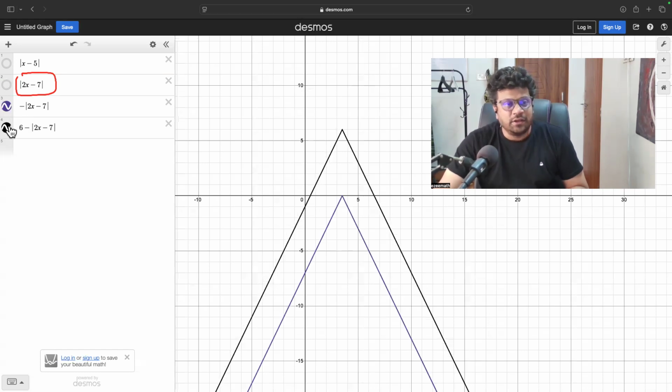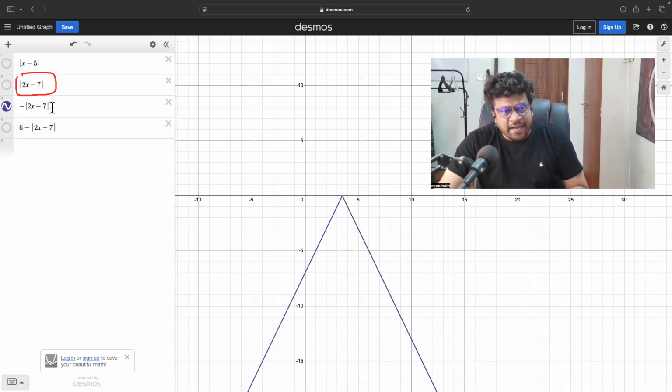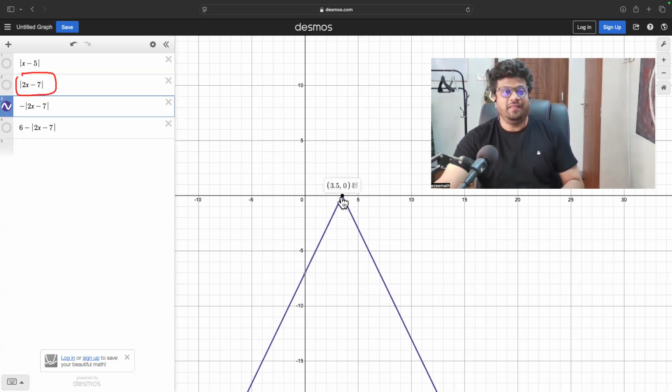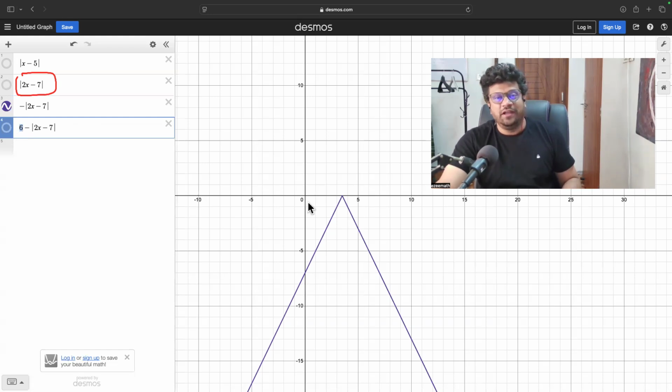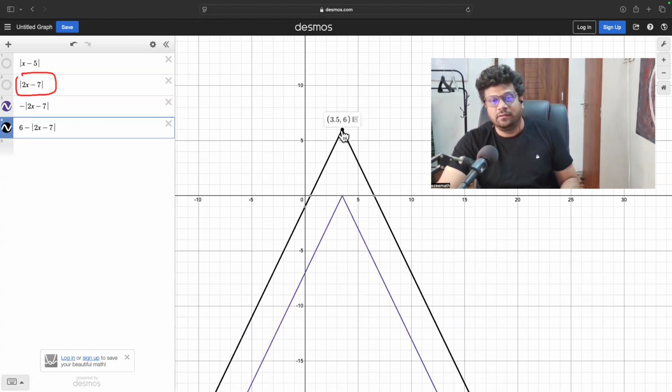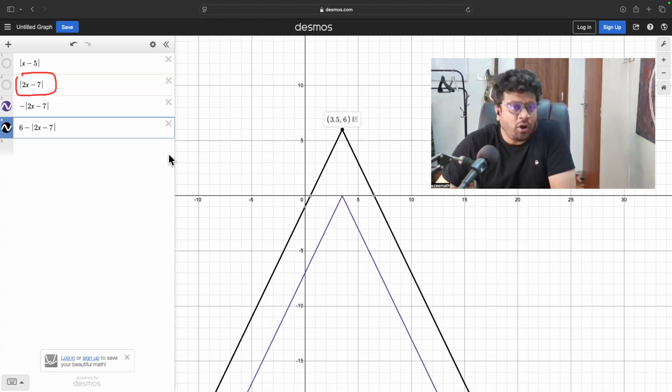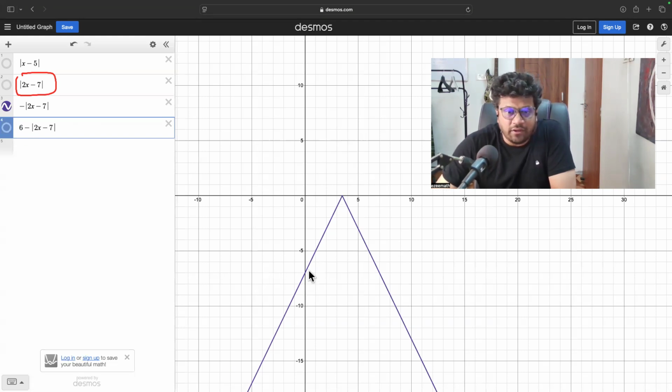The vertex for negative of mod of 2x minus 7 was out here. And since you have added a 6 to it, the whole thing will go up by 6 units. And you will have this vertex at 3.5, comma, 6 now. And look at that. There, 3.5, comma, 6. Not only that, you also have the y-intercept, which was 0 comma minus 7 for this thing on the left.